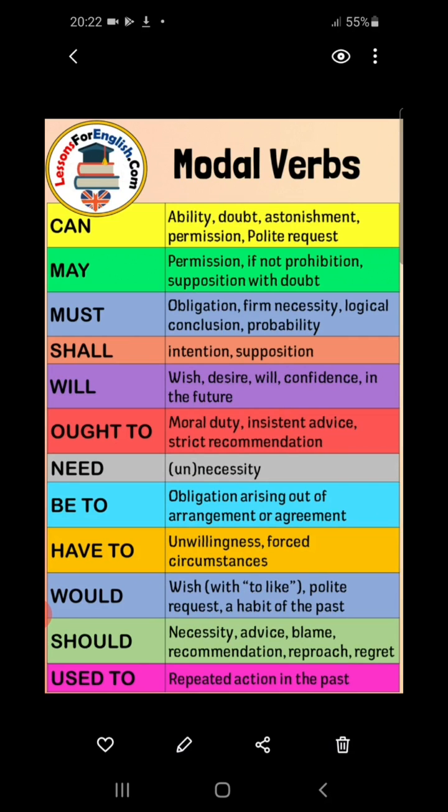Next, blame: when you put a certain blame on someone or when you put any allegation, when you say something against that person. So that is blaming.